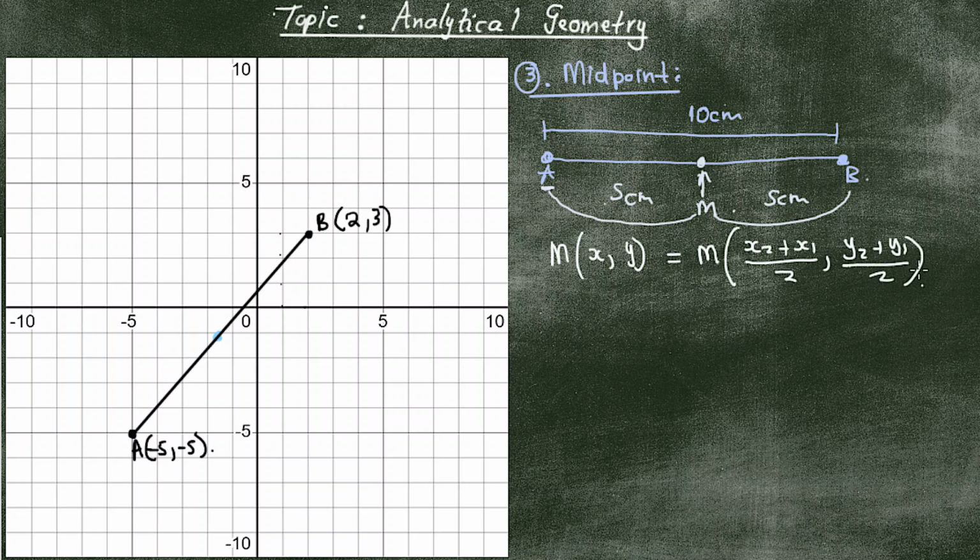Since I'm calculating a midpoint, I set the midpoint here to M. Let me use the black on the sketch, sorry. So in order to get the coordinates for M, for the midpoint, come on pen, come on.